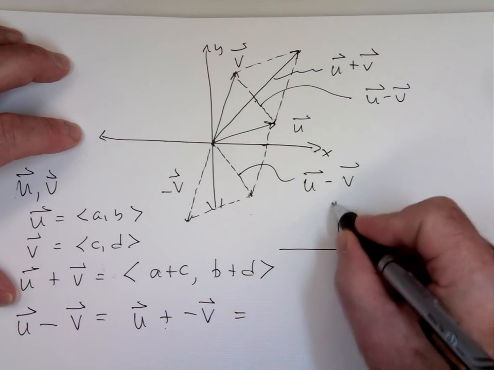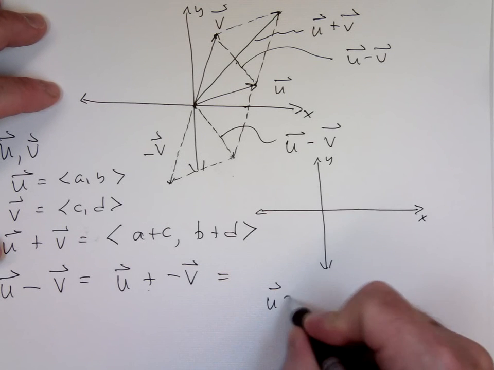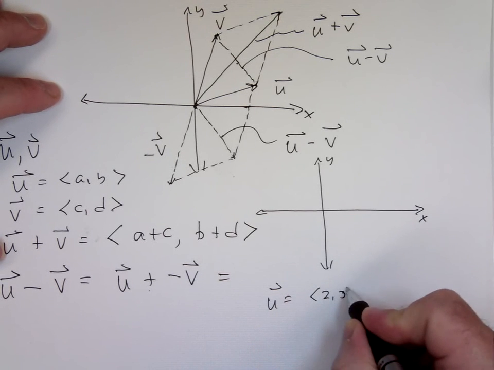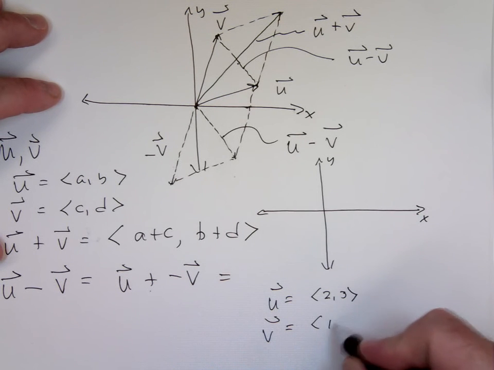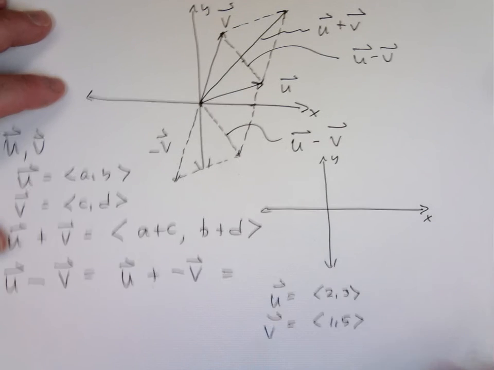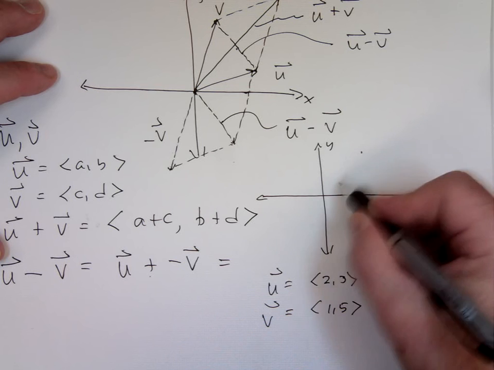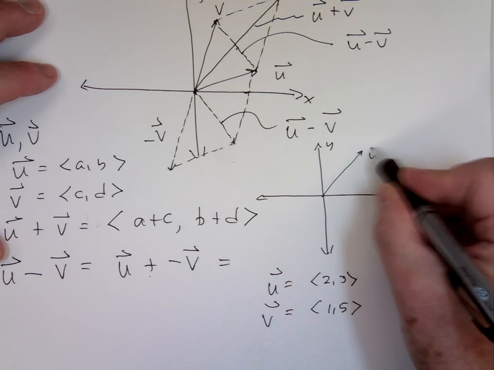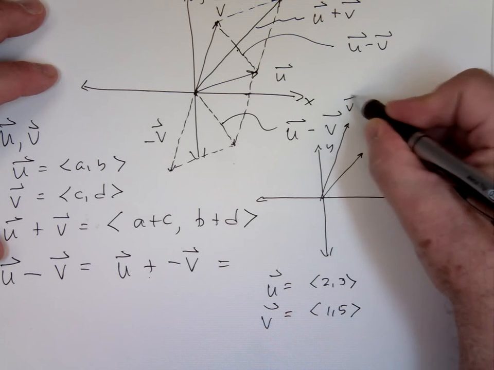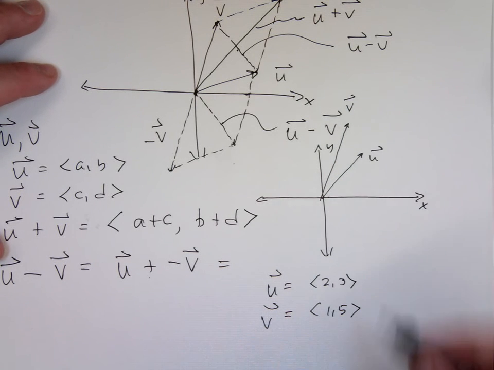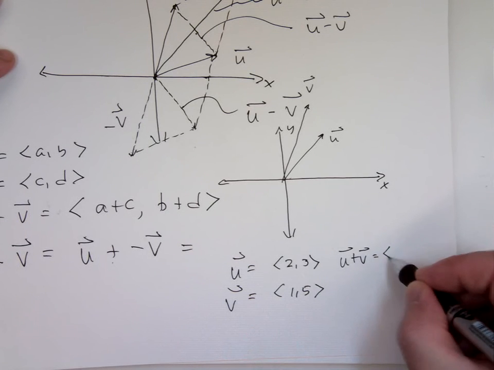Let's suppose u is equal to 2, 3, and v is equal to 1, 5. Okay. So here we go. 2, 3. Here's u. 1, 5. Here's V. The sum, when you take the sum of these two, add up the components, it'd be 3, 8.